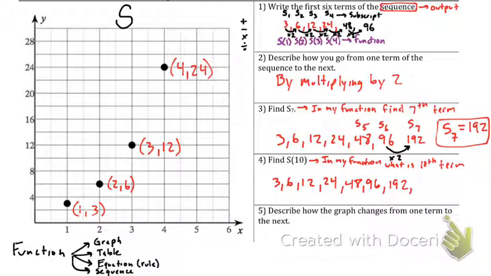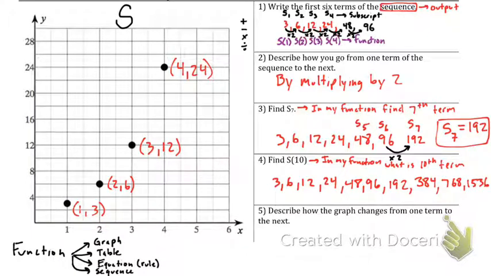So 192 times 2, 384, and then 384 times 2, 768, and then 768 times 2, 1536.